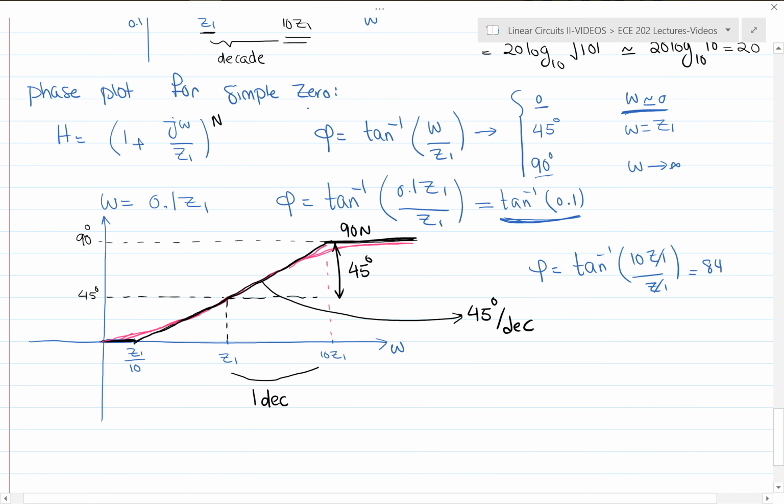All right, so this was for the zero, and then the pole goes to negative 90. So it goes 0 until p over 10, and then it goes down to minus 45 at p1, and then at 10 p1, it goes to negative 90, negative 90n. Okay, so this was for the simple pole and zero.